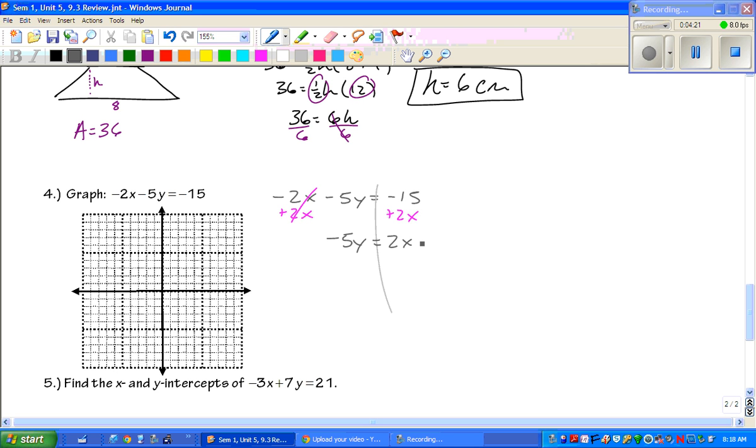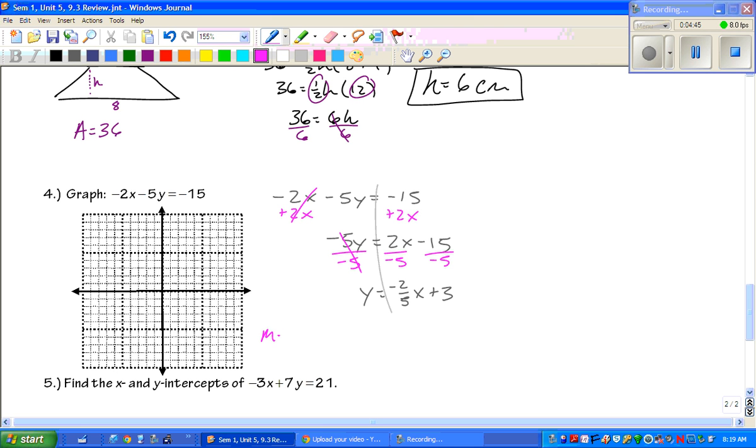Okay, they're different, so we cannot combine them. I have to divide everything by negative 5. And we get y equals negative 2 over 5x, because we like the fraction. Negative 15 divided by negative 5 gives us positive 3.